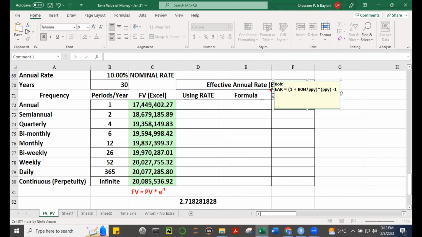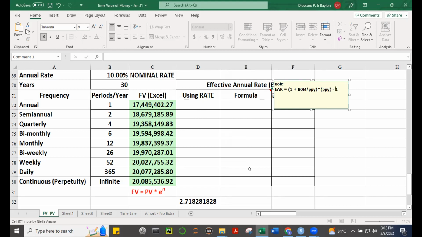So kindly fix that formula, please. So the effective annual return is equal to 1 plus the nominal rate divided by the periods per year, raised to the periods per year, and then -1. Okay, so I'll give you a few seconds. Kindly compute for the effective annual return using the formula function.